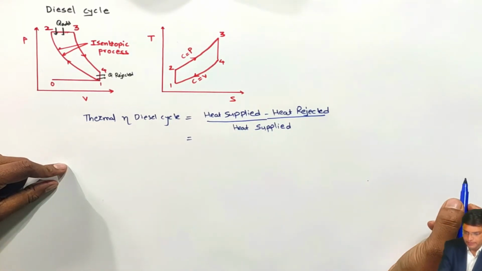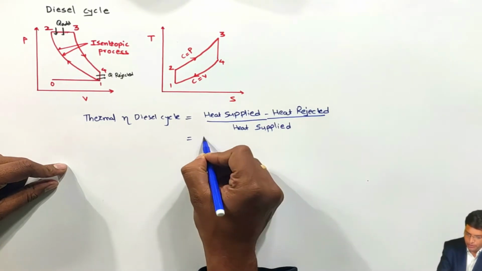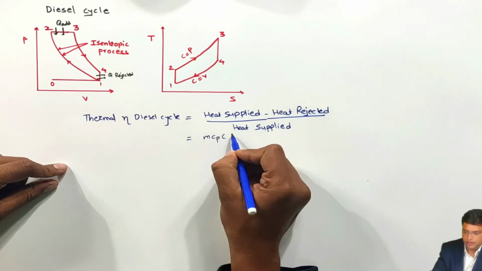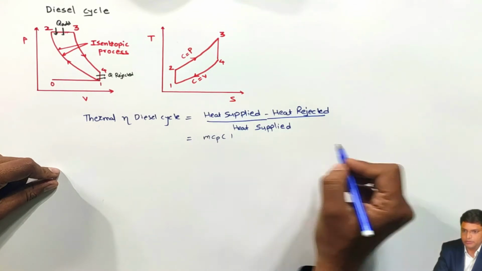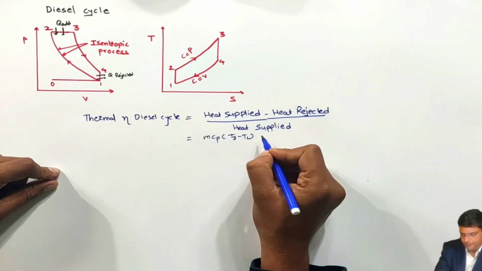Now the heat supplied for the process 2 to 3 is Q equal to m Cp delta T. Temperature goes from T2 to T3, so T3 minus T2.